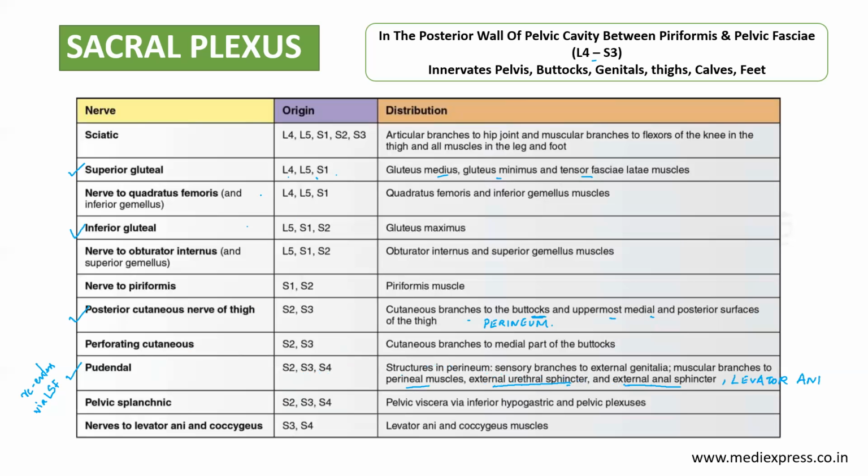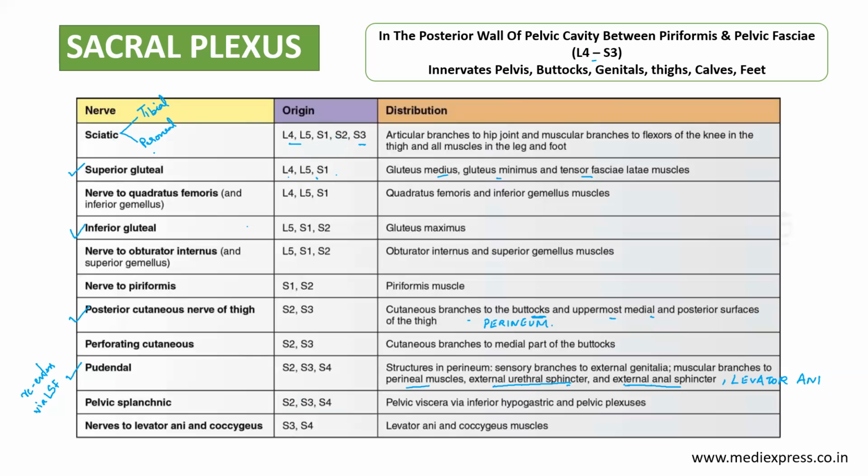Next, we'll deal with the most important nerve of the sacral plexus, which is the sciatic nerve. The root value is L4, L5, S1, S2, S3. Now, this sciatic nerve has two parts. One is the tibial portion, the other one is the fibular or peroneal portion.